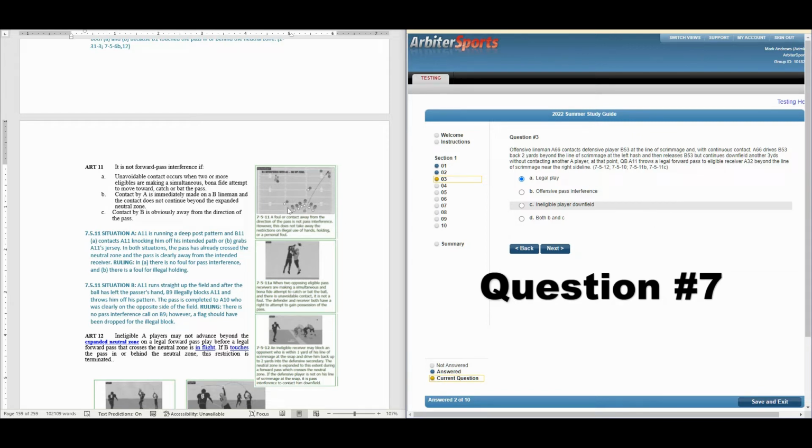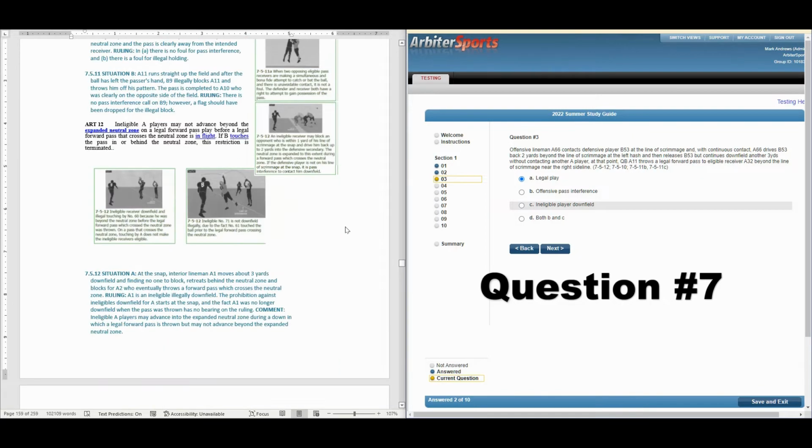So our rule reference is 7-5-12, and 7-5-12 says ineligible A players may not advance beyond the expanded neutral zone. The expanded neutral zone is the area 2 yards behind on the defensive side of the ball, 2 yards beyond the line of scrimmage, in the field of play, of course.